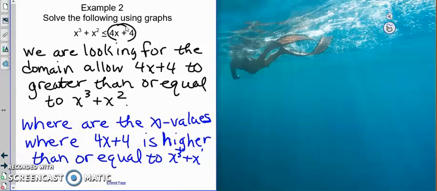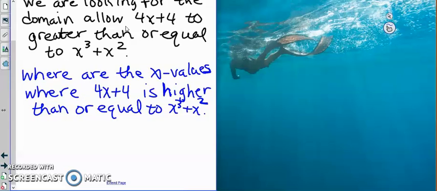So when we look at our graph of this, we're talking about, okay, where is it that x cubed plus x squared is below 4x plus 4? So I'm going to write that too, so that way we can have all the different sayings here so we can understand that, okay, that's what we're trying to say.